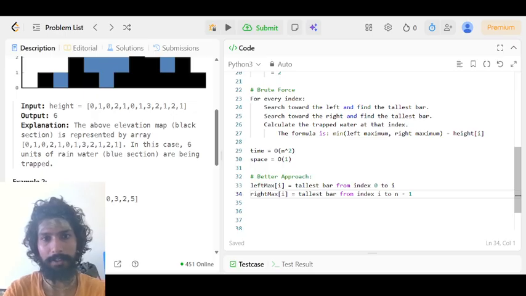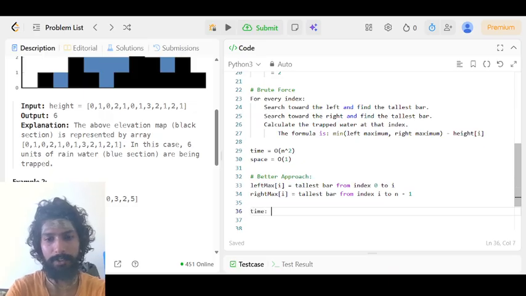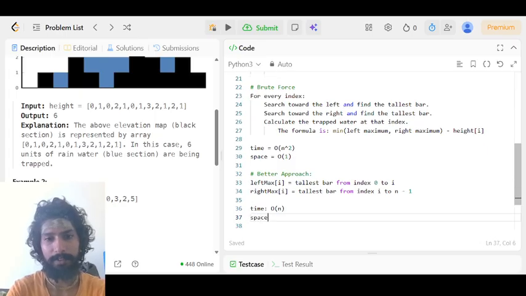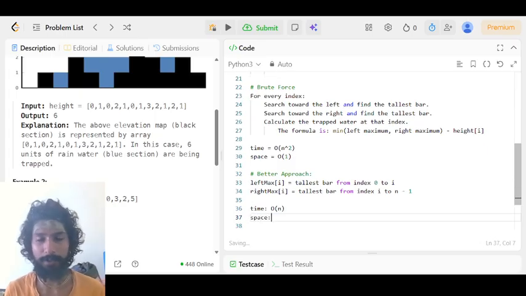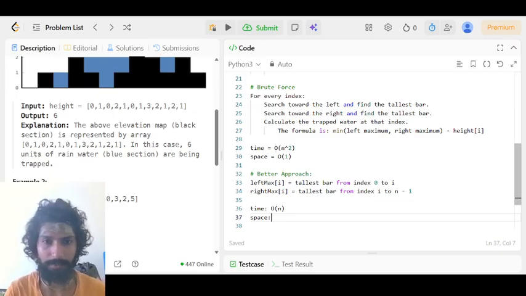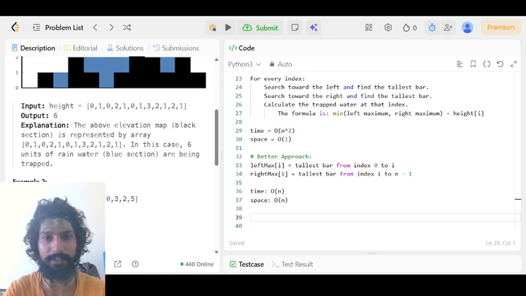Then for every index water is simply, by the previous formula, min of left maximum and right maximum minus height. The time complexity will improve from previous O of n square to O of n because we are scanning the array only twice, once to calculate these arrays left max and right max. But space complexity will increase from O of 1 to O of n because we need to maintain two extra arrays. So the question is, can we solve it in linear time and constant space?